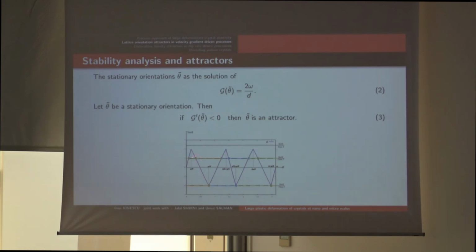Here you can see the basin of attraction of this attractor. If the initial orientation is here, then we'll go in this direction. If it is here, we'll go in this direction, and so on. You have 3 basins of attraction.